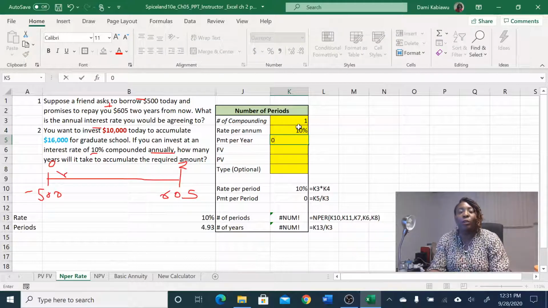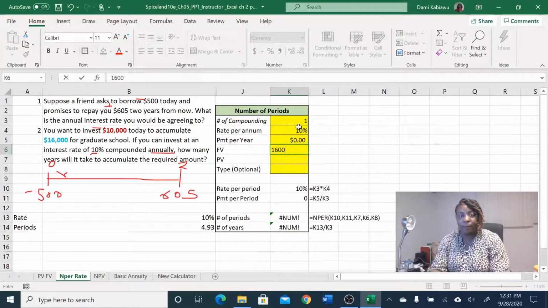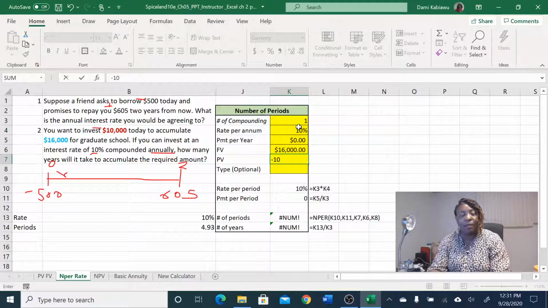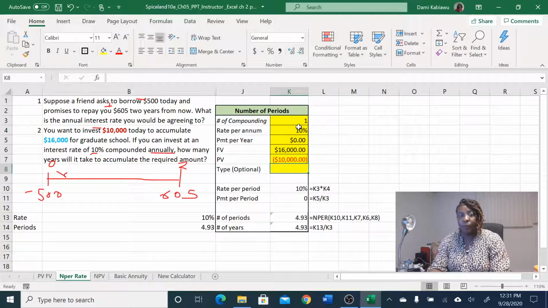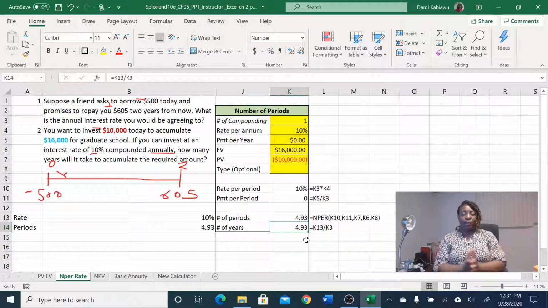I've totally not talked about payment, and that's okay. We'll just put 0. Future value is 16,000. The amount I want to invest is 10,000. Gives me a period of 4.93, and that means 4.93 years, because a period is 1 year long.